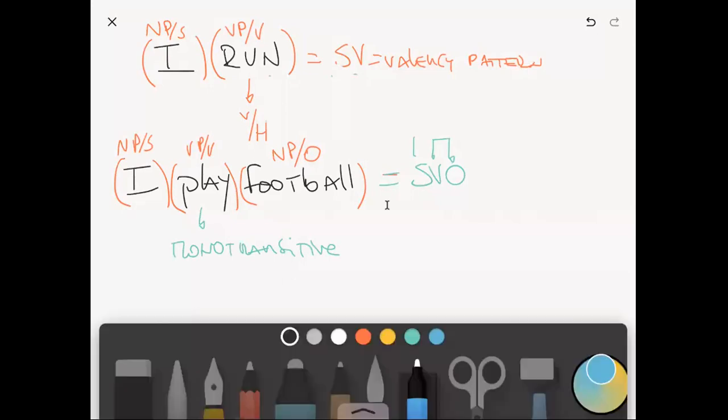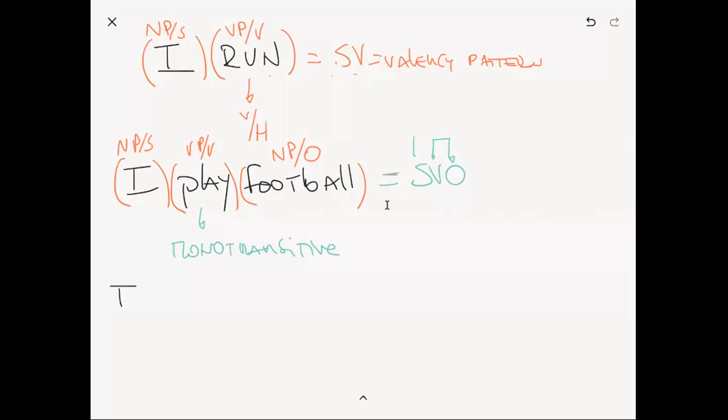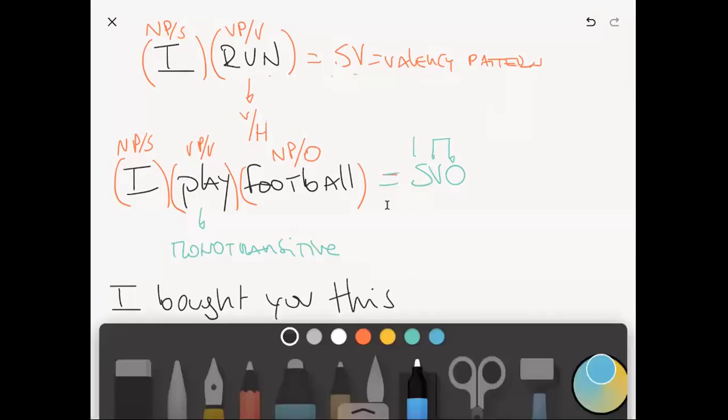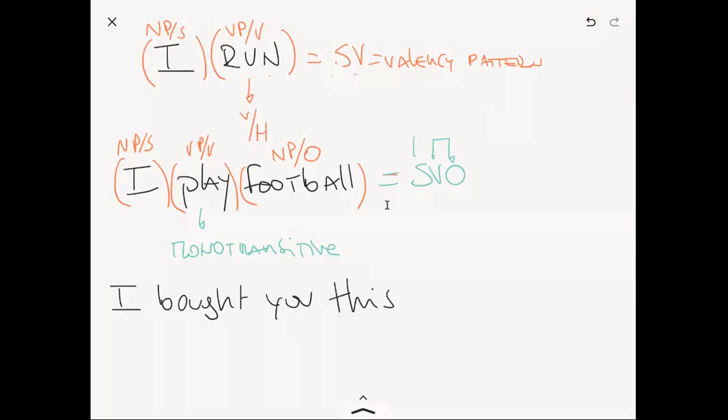Finally, I bought you this. This is ditransitive, because it moves its action into two different entities, right?